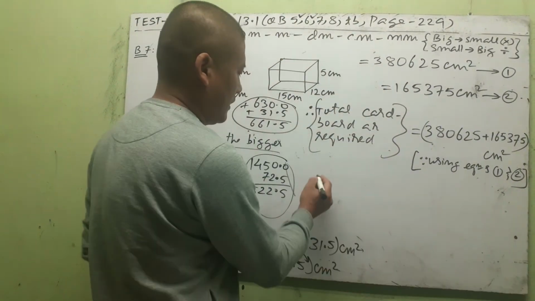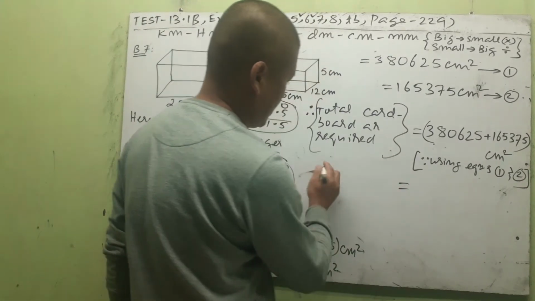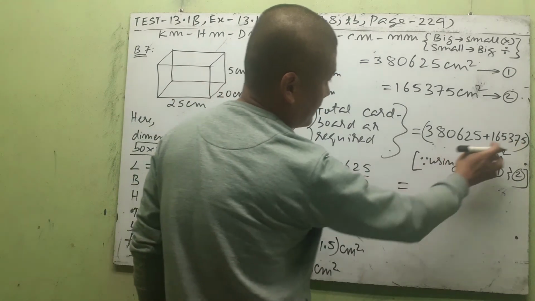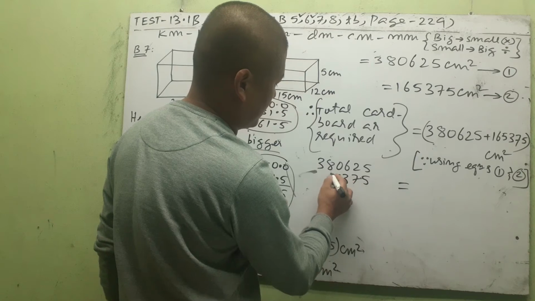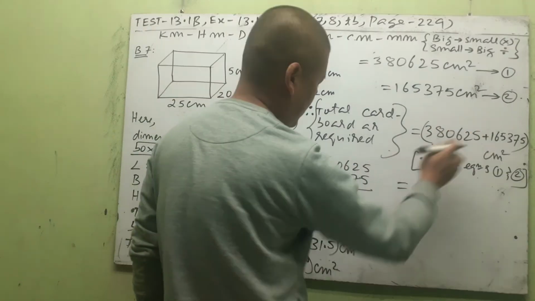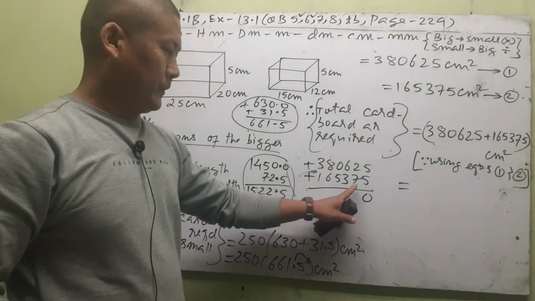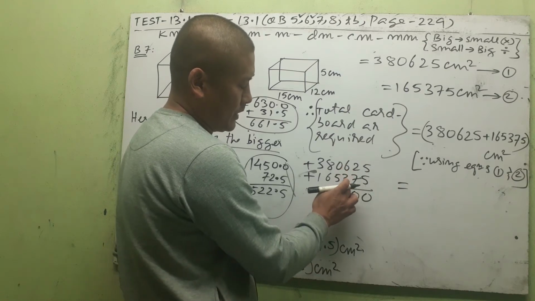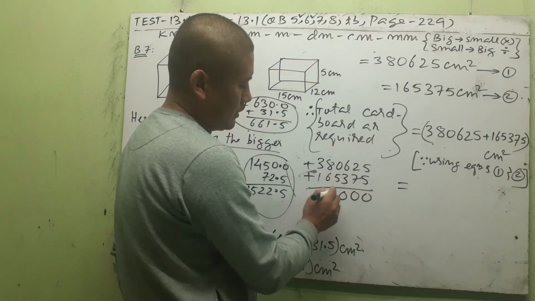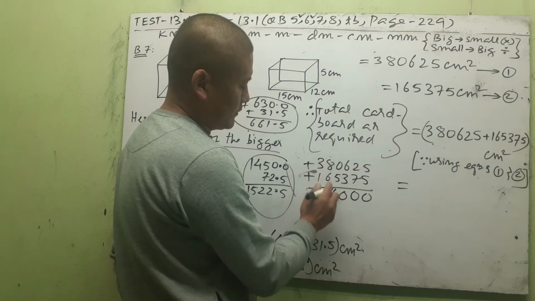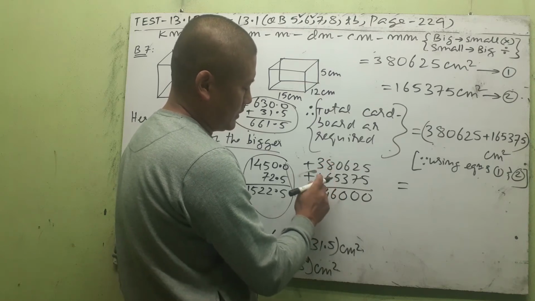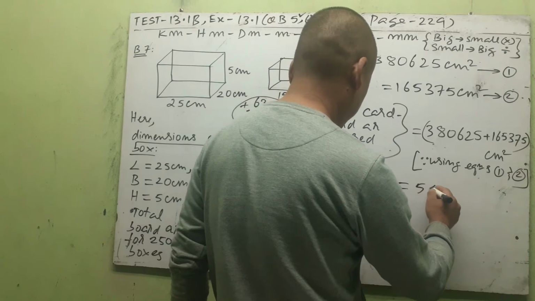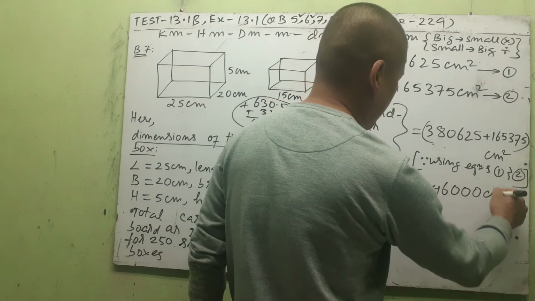So here, therefore that will be equal to, when we add 380,625 and 165,375, 5 plus 5 is 10, 7 plus 2 is 9 plus 1 remainder is 10 again, 1 remainder, 6 plus 3 is 9 plus 1 remainder again 10, 5 plus 1 remainder 6, 8 plus 4 is 8 plus 6 is 14, 1 in hand, 3 plus 1 is 4 plus 1 remainder 5. So 546,000 centimeters square.